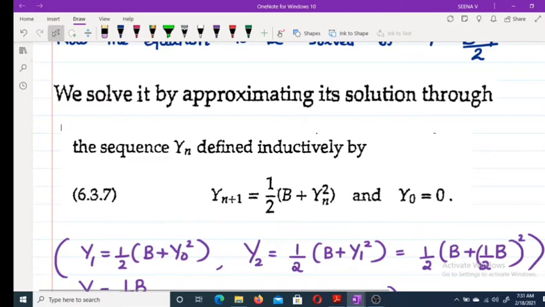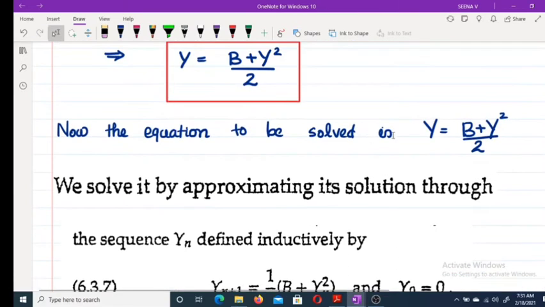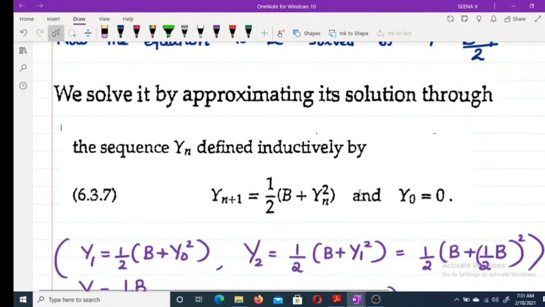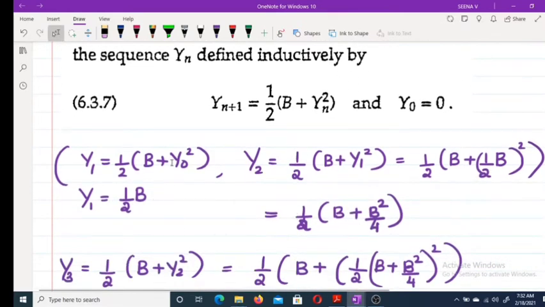So what we are going to do is define a sequence like this, and we approximate the solution of this equation as the limit of this sequence. And if this sequence converges, we take the limit of that sequence as a solution of this problem.